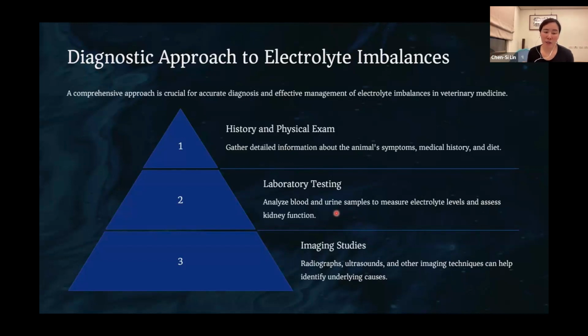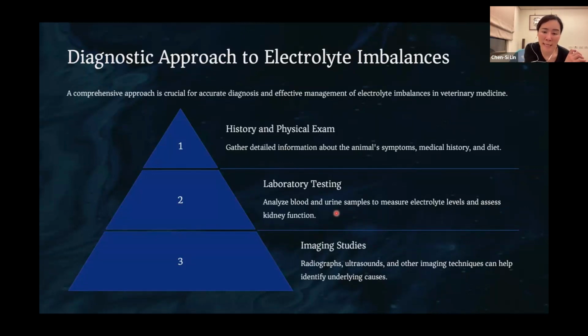the imaging test, imaging and screening. Then we can use X-ray, we can do radiography, we can use the ultrasound and other imaging techniques that can help us find out if some potential problems are happening in specific organs.